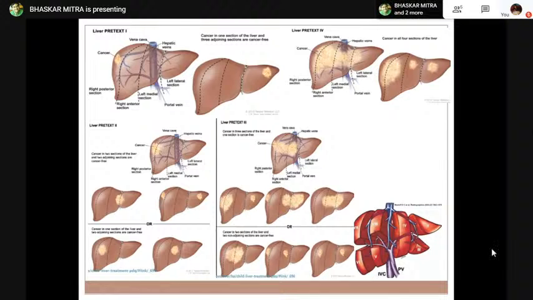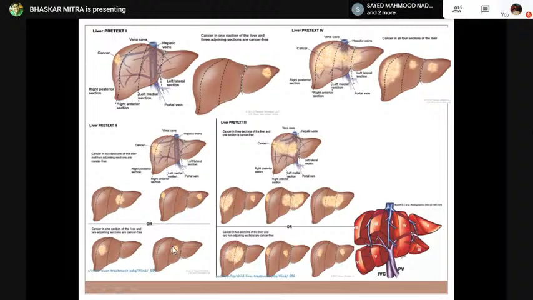Okay, this is the liver, and we divide it into different segments with the presence of portal vein, IVC and different things. If it is PRETEXT 1, one is involved, other consecutive 3 free. Consecutive 3 free, 1 involved. 2 consecutive 2 free. Consecutive 2 free, this 2 involved, this 2 free. This 2 involved, this 2 free. This one involved, this 2 free.